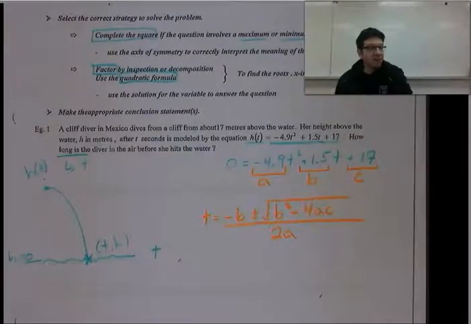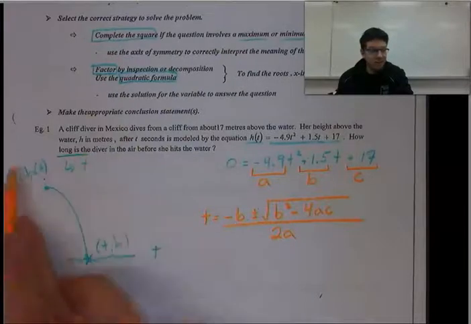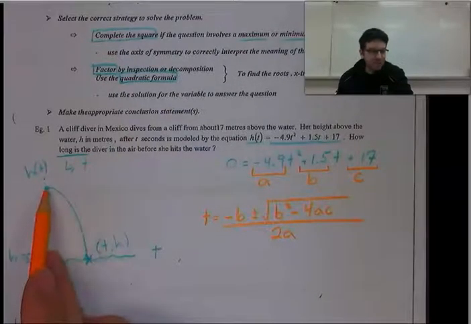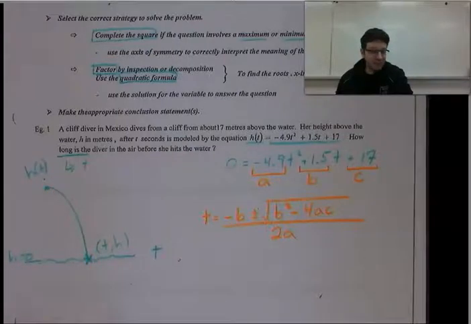I think the hardest part with word problems is actually setting up the problem and figuring out what it is you want to know and how you're going to figure that out. So a couple of things I do recommend is drawing a picture of what's happening. Your graph doesn't have to be completely accurate. You don't need to know exactly how much it's being stretched by, exactly where everything is.